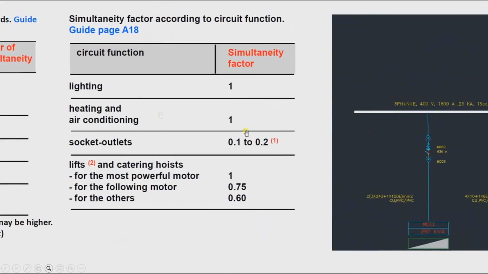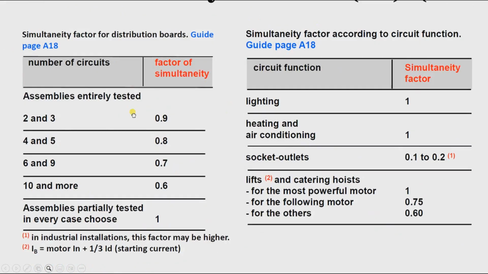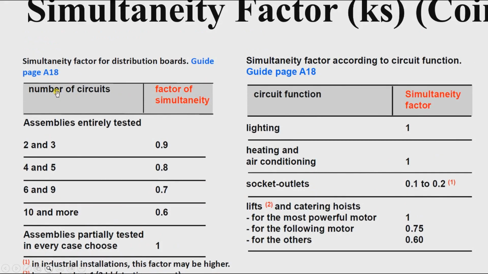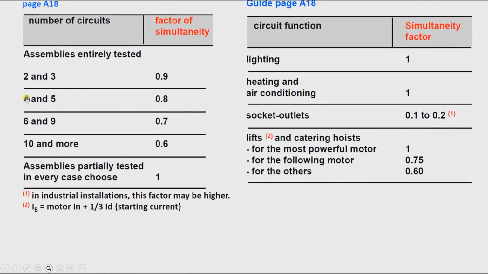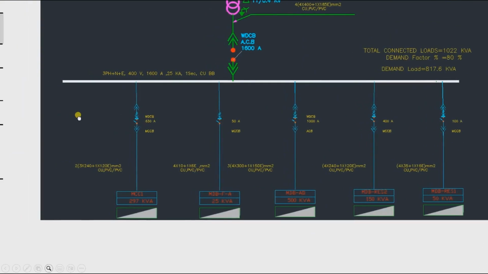Because here you can see that according to this, if you have between 4 and 5 circuits, or feeders, or distribution boards, take it as 0.8. If you look here, we have 1, 2, 3, 4, 5. So we took it as 0.8.